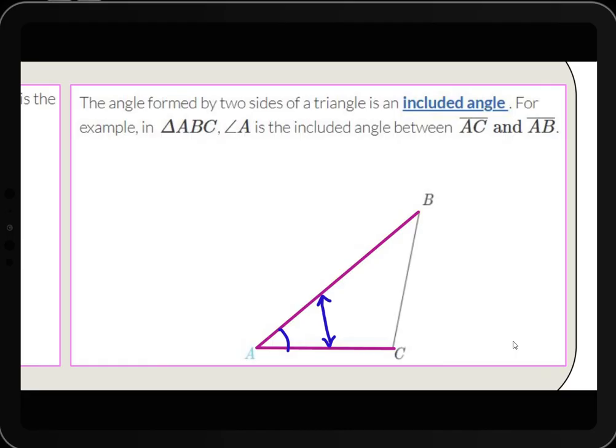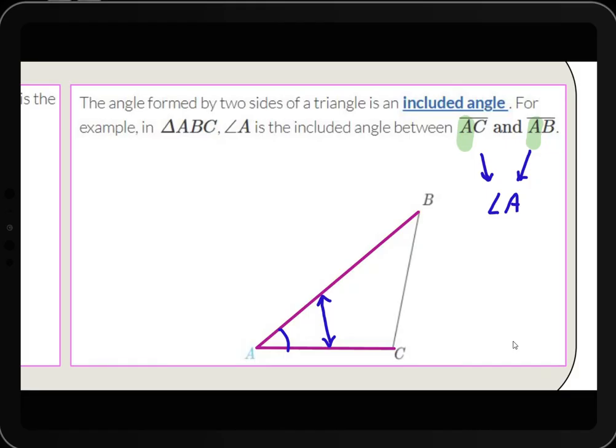And again, I would also point out, if you look at the two segments on the far right, you'll notice that both of the segments share a vertex. That would be A, right? The endpoints of AC and AB both have an endpoint of A. So because they both share the same endpoint, the angle located at that exact vertex will be the included angle that we need.